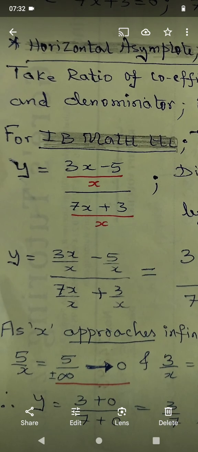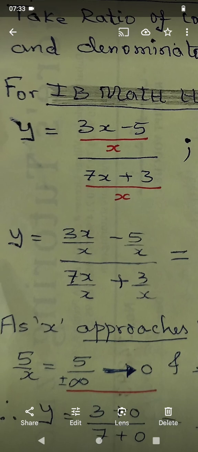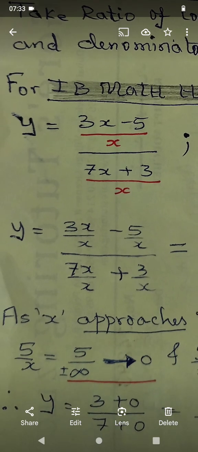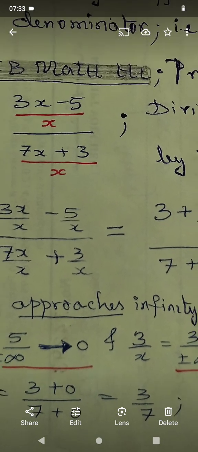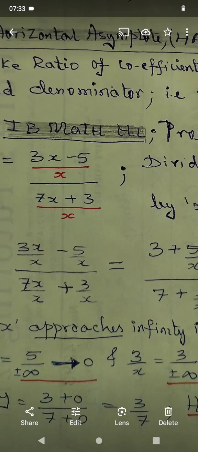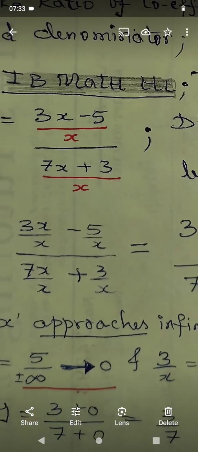Now, when I say asymptote, it is what happens when x approaches negative infinity to positive infinity. Infinity means a huge number. So what if the x values are minus 1 million, minus 30 billion, whatever you want, and what are the x values when it is positive, that is 40 billion, 60 billion, etc. That means infinity is a huge number.